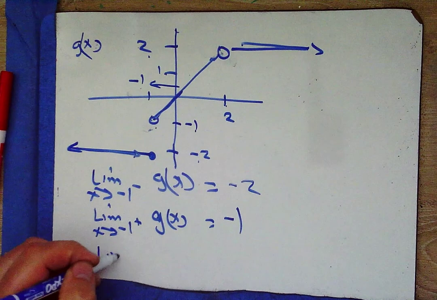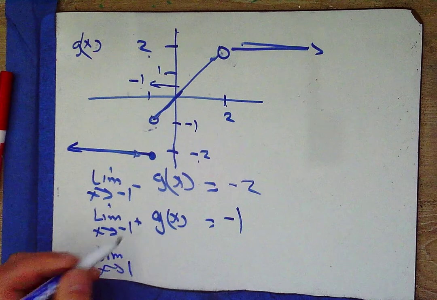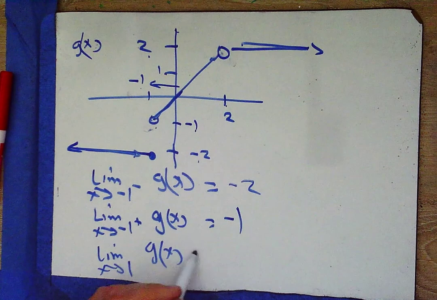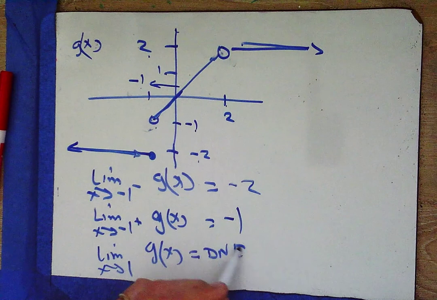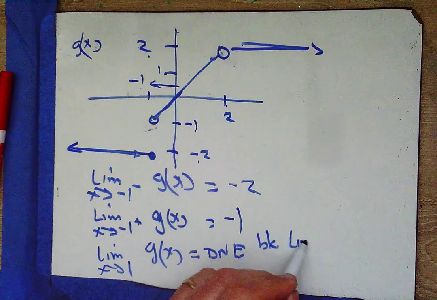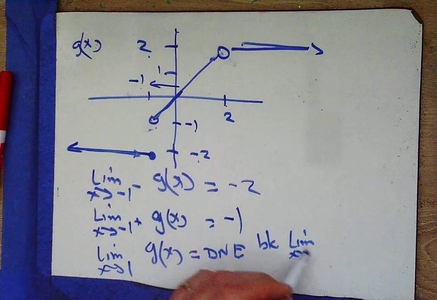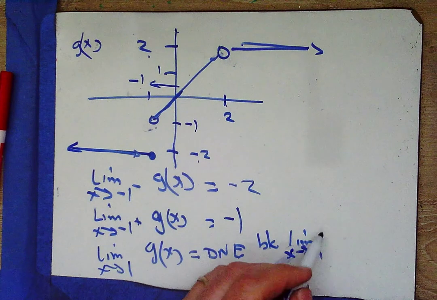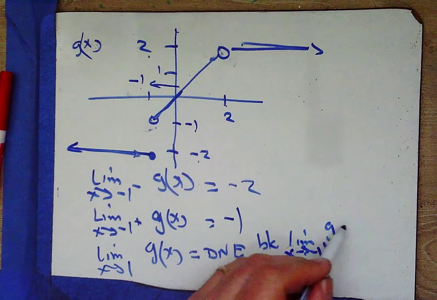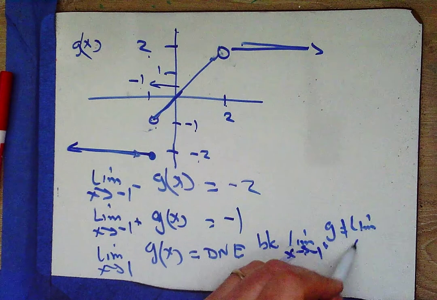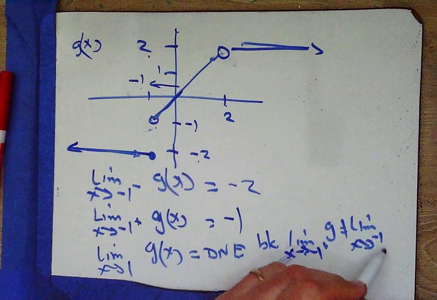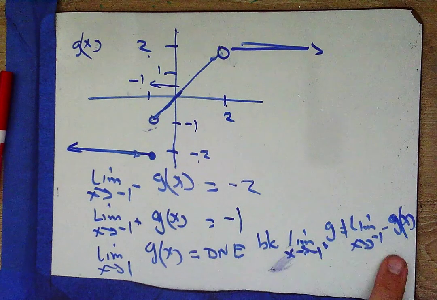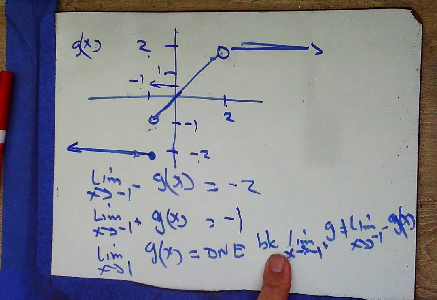Okay, so then what's the limit as x approaches -1 of g of x? That's right, that does not exist because the limit as x approaches -1 from the positive side does not equal the limit as x approaches -1 from the negative side of g of x.